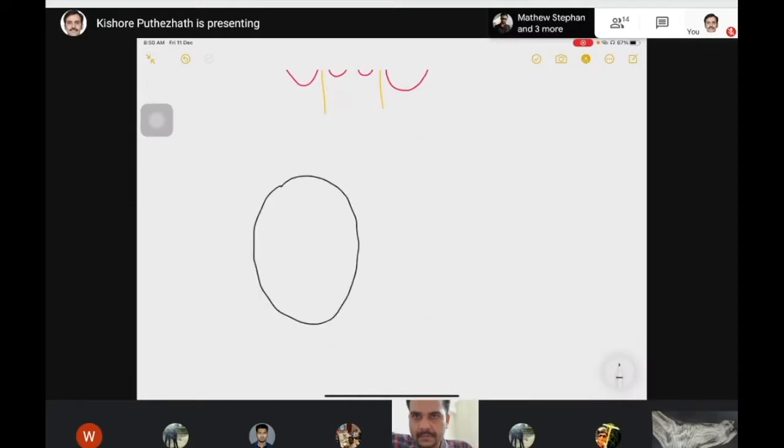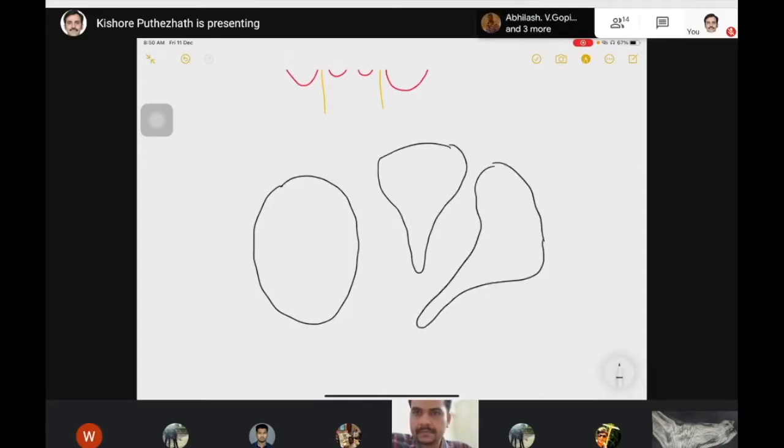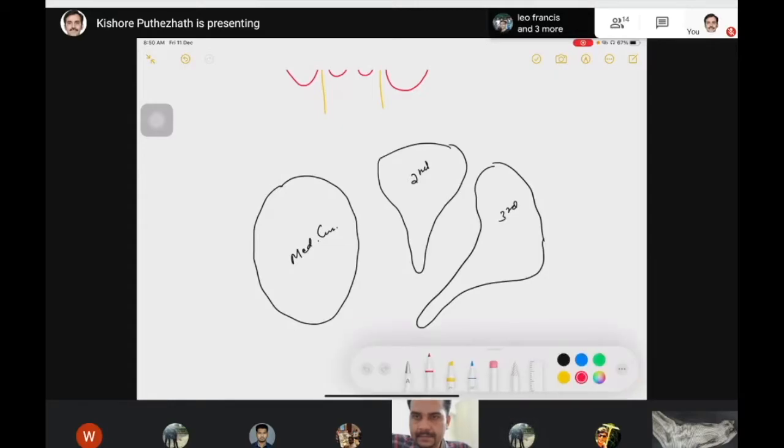Suppose this is the second metatarsal. This is the third metatarsal. This is the medial cuneiform. So from the medial cuneiform to the second metatarsal, you have got a ligament. What is the name of the ligament? Lisfranc ligament. What are the components of the Lisfranc ligament?